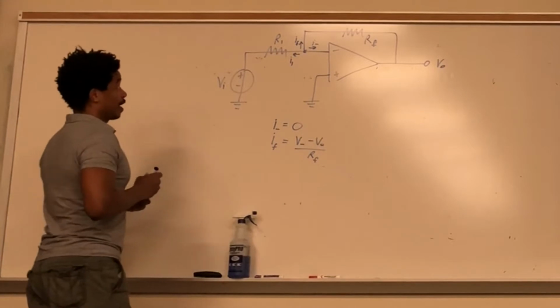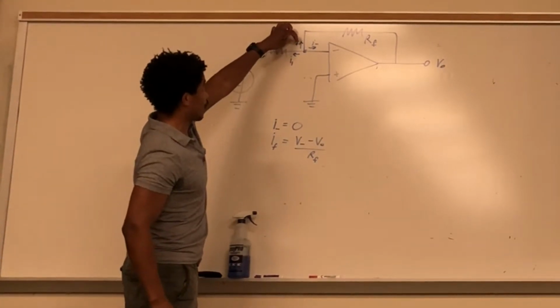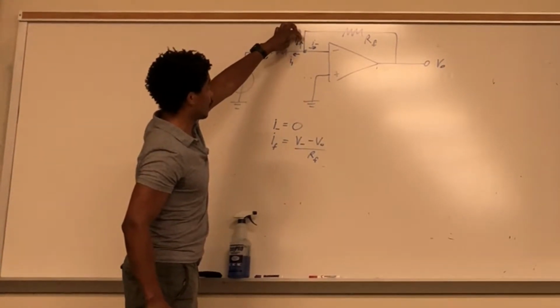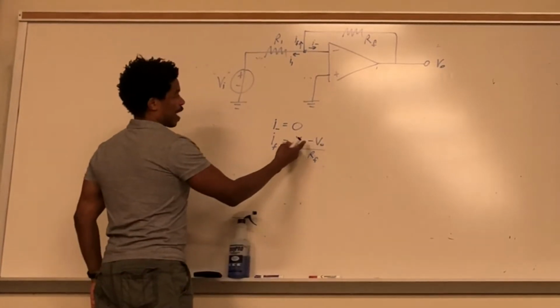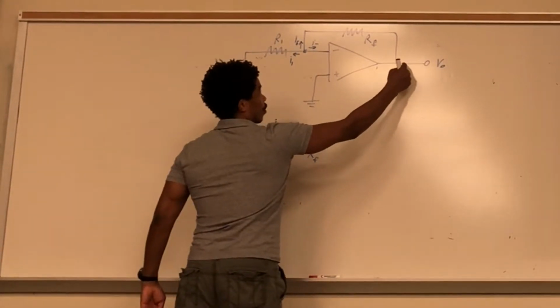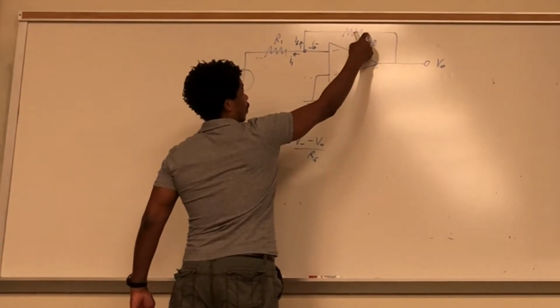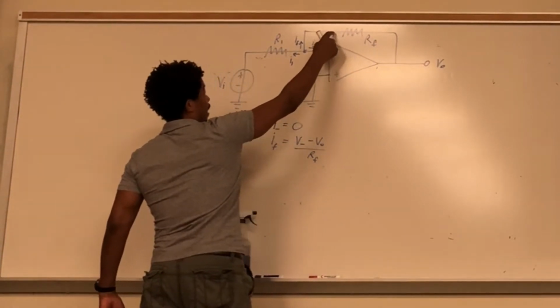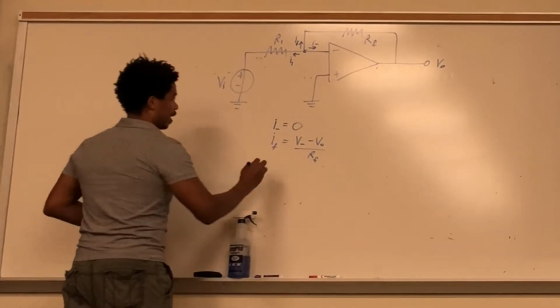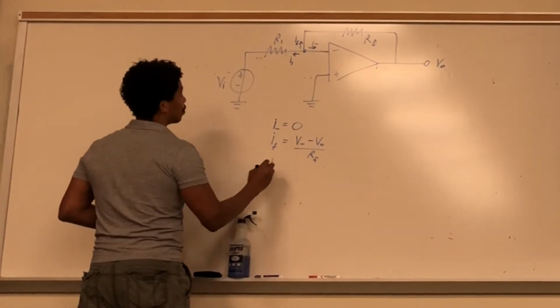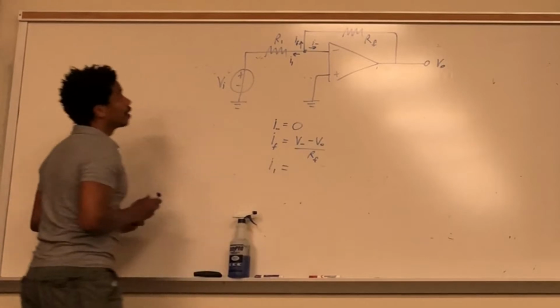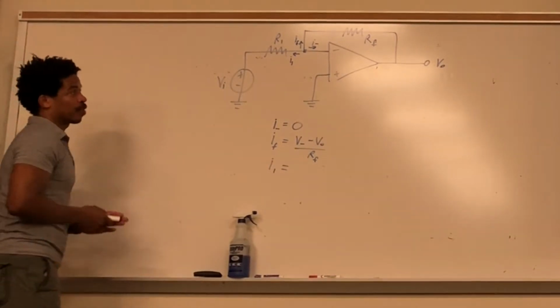Now, again, if I had the current going into that node, going in that direction, I would flip these around. It would be the current going this direction, so it would be VO, that voltage, minus that voltage, which is V negative, over R. And this one right here, I1, what's that in terms of Ohm's law?